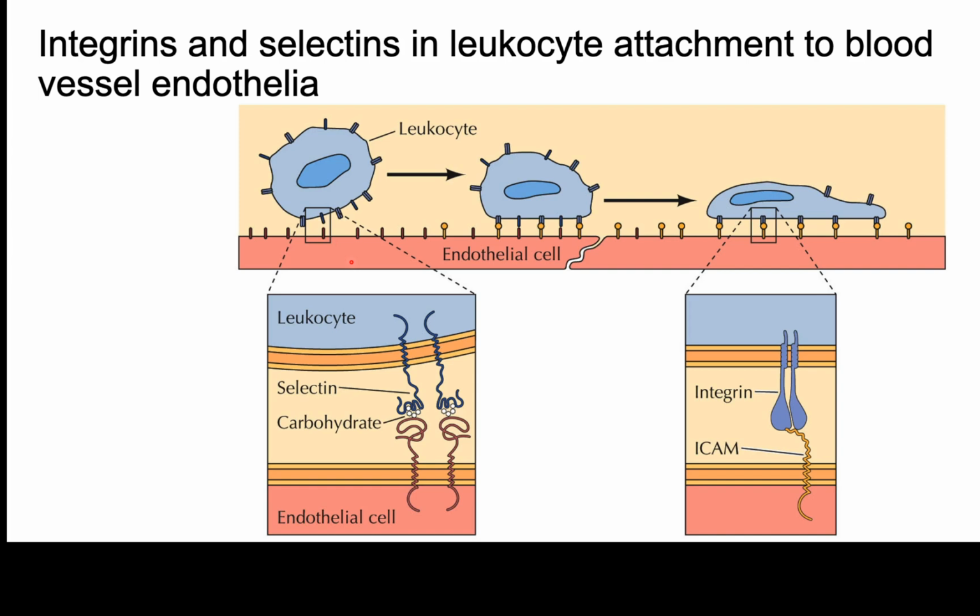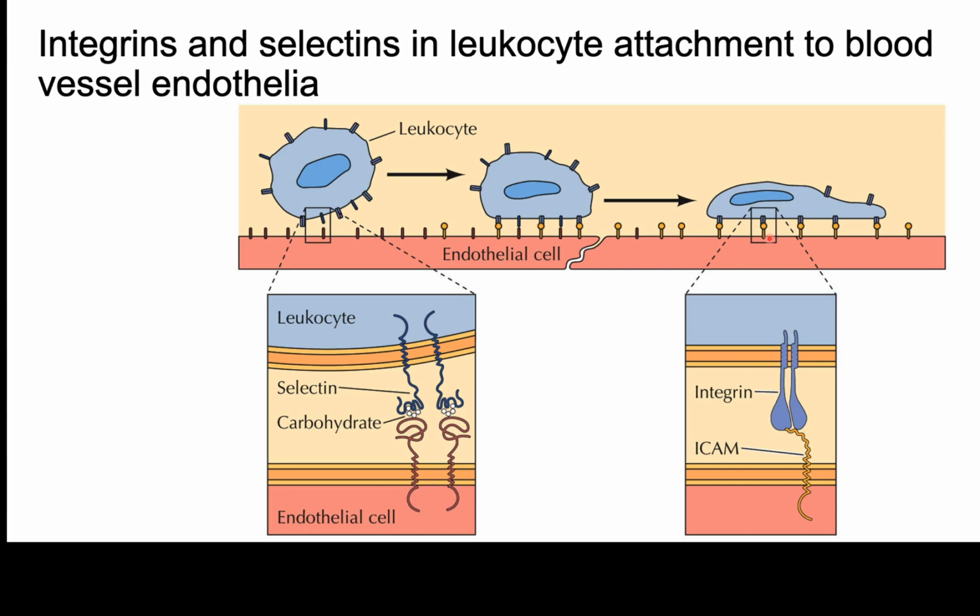So selectins kind of recognize that initial point to stop, and then integrin recognition events, integrin binding with these ICAMs, lead to that recognition event. Okay, so that was a summary of the different ways that cells can recognize each other and stick together.